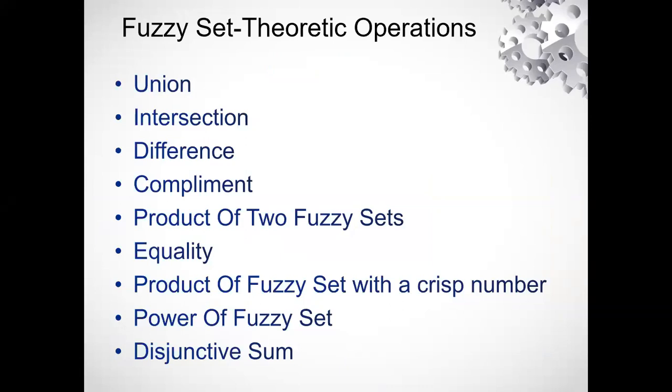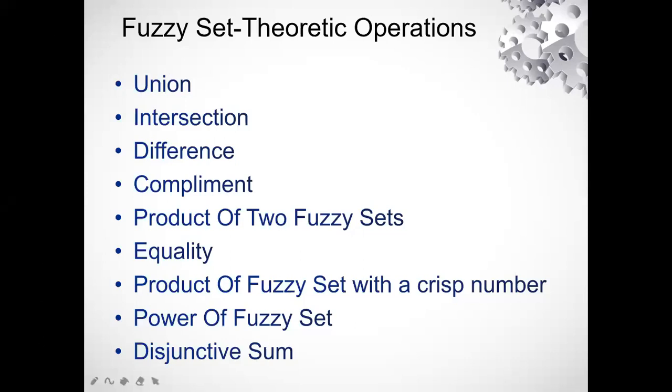And we use fuzzy sets wherever we are confused, wherever the input is not precise, wherever it is fuzzy, and many more things. So when we talk about the operations, they are almost similar as we had in the crisp sets.